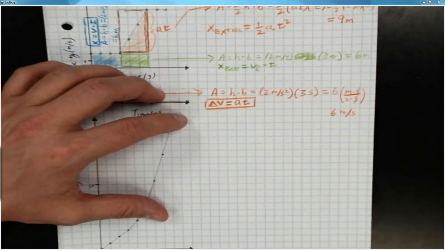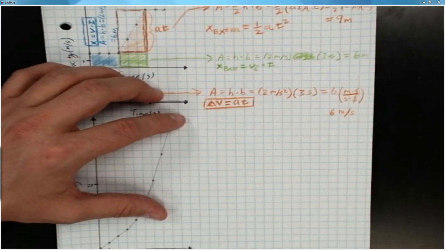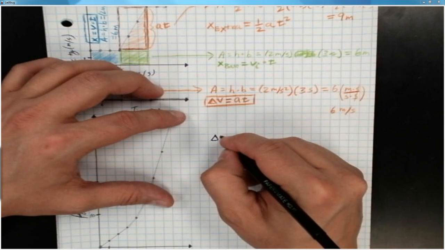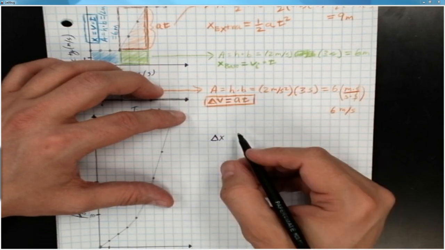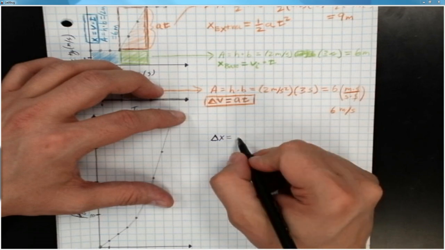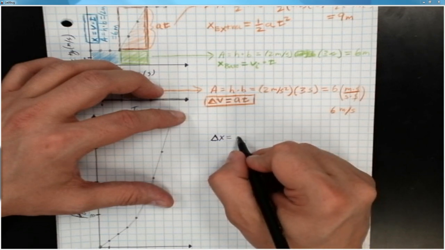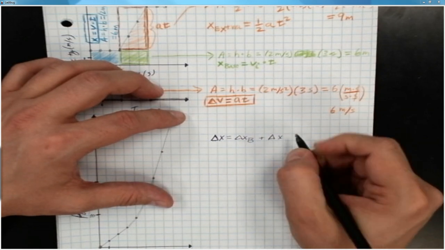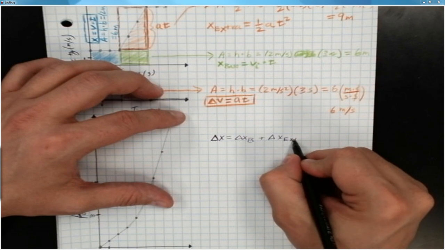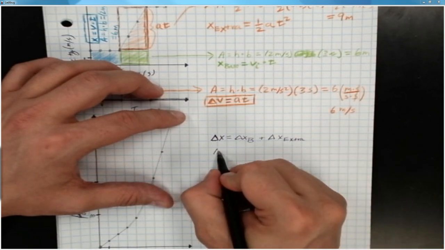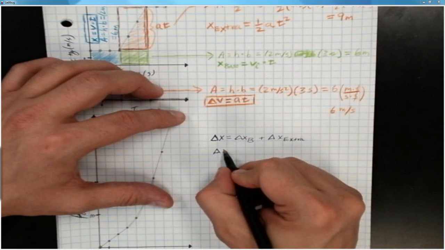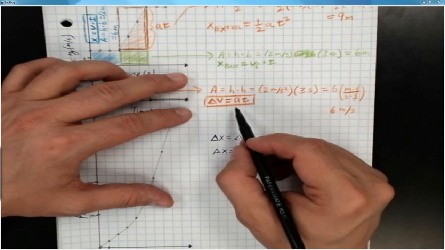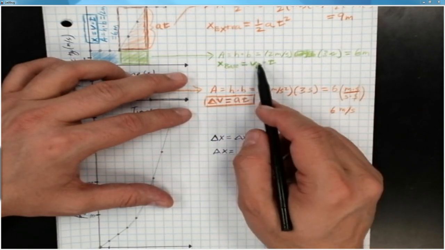Well, that gives us a clue to the formula that we're going to need to use, and I'm going to write it in ink down here. So the change in our distance while we're speeding up is going to be equal to the change in distance due to the base plus the change in distance due to the extra. So let's make it a little more formal, like you might see in a math book or a physics textbook. The change in distance is going to be equal to, so my base formula is, sorry, this one, I'm pointing to the wrong thing.